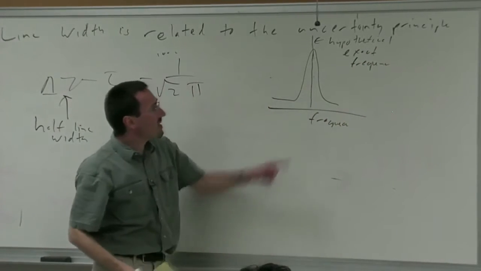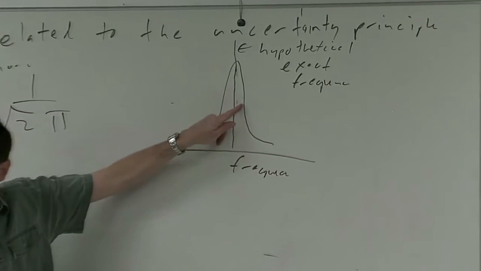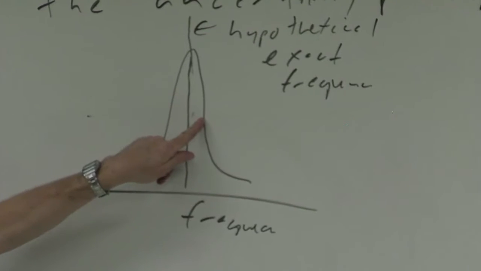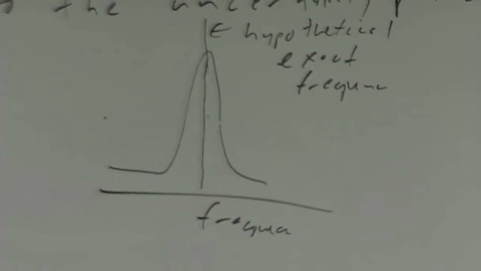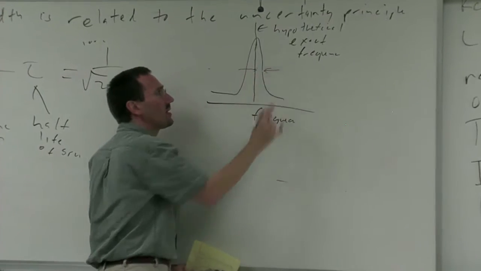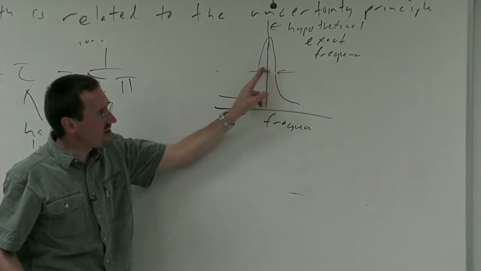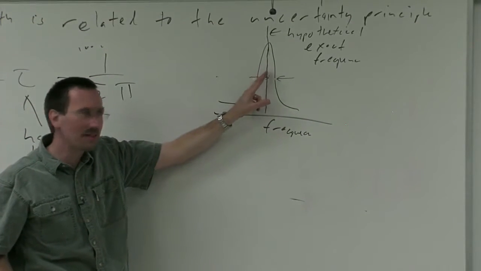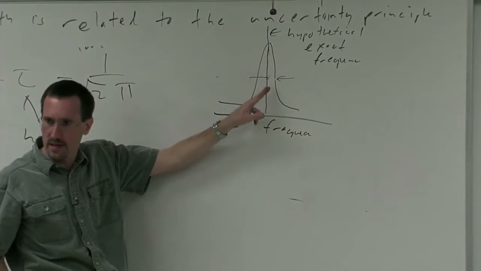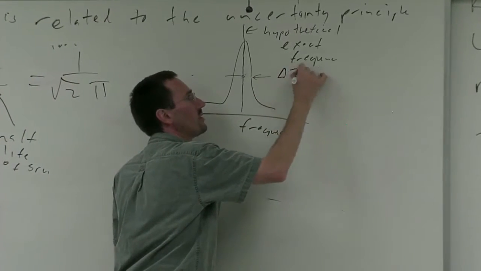But the point is, if we can't measure the frequency exactly because we're not measuring it for infinitely long, because the line is relaxing, we can only tell, well, it's somewhere around here. So you get a peak that has some width to it. And this is our delta nu.